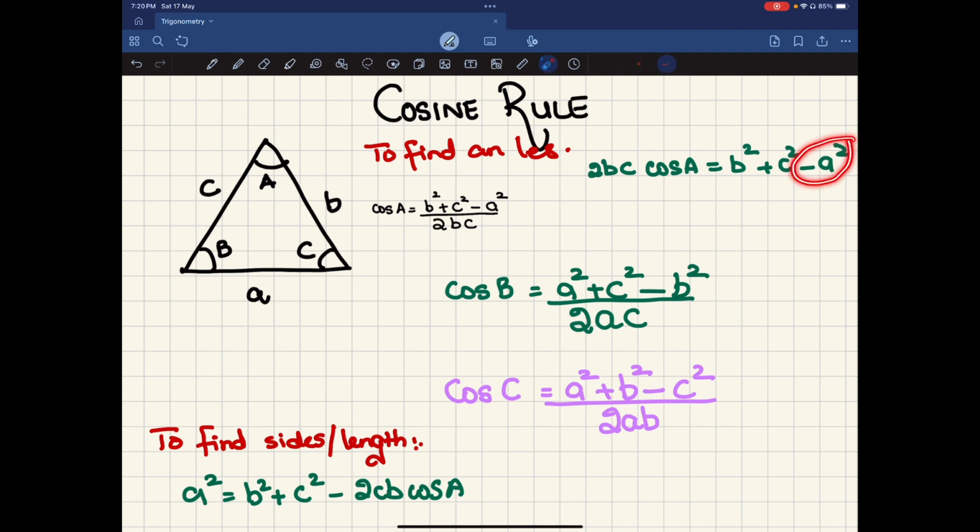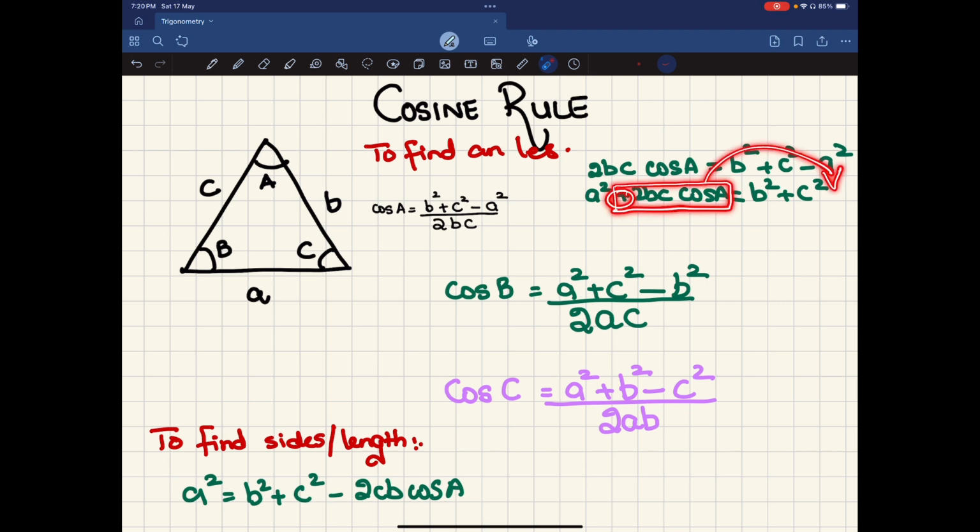Let's take minus a squared to the other side. It becomes positive a squared plus 2bc cos A equals b squared plus c squared. And now, because we need to make a the subject, we're going to pick this term, plus 2bc cos A, and take it to the other side.